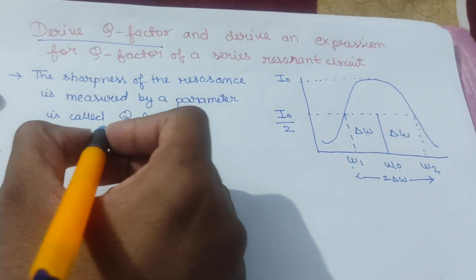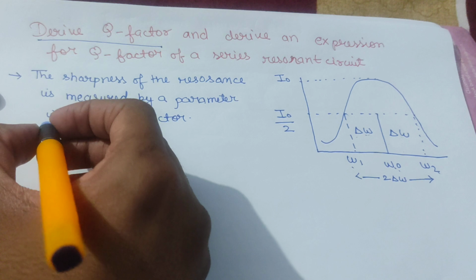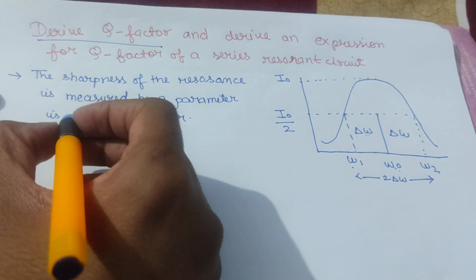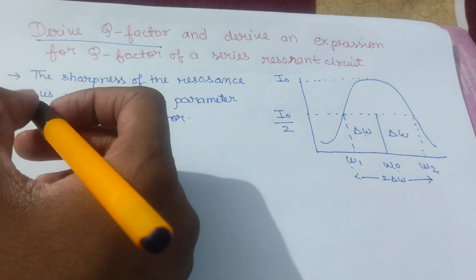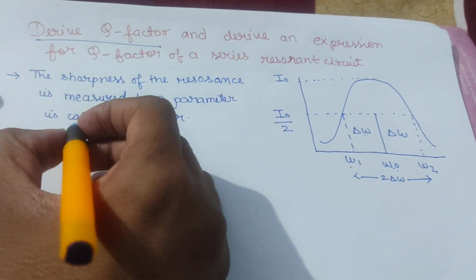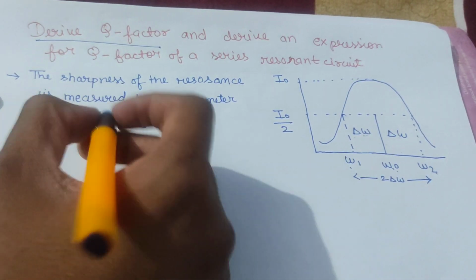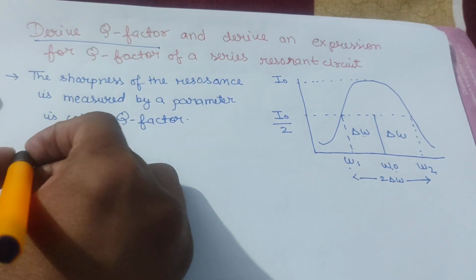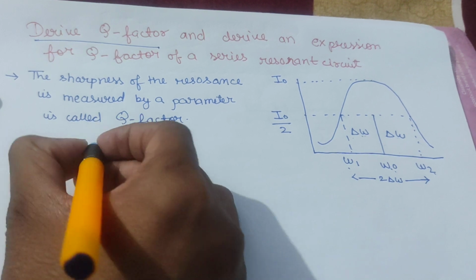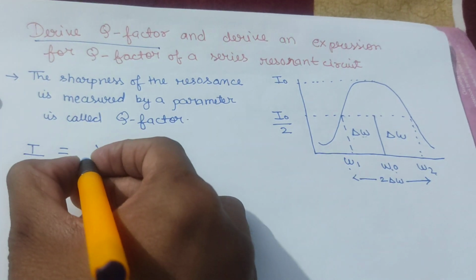For an LCR circuit we know the impedance. What will be the impedance? Okay, for the LCR circuit, first of all I will write the Ohm's law formula, which is I equal to V by R, but here it is the impedance.